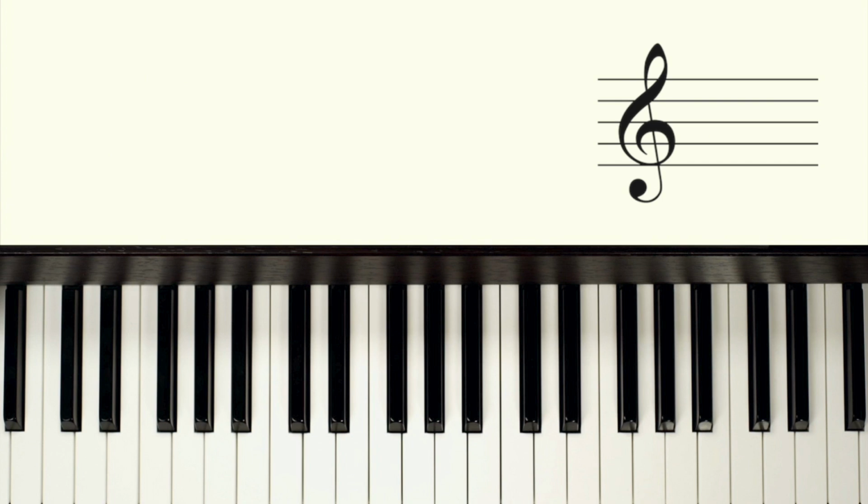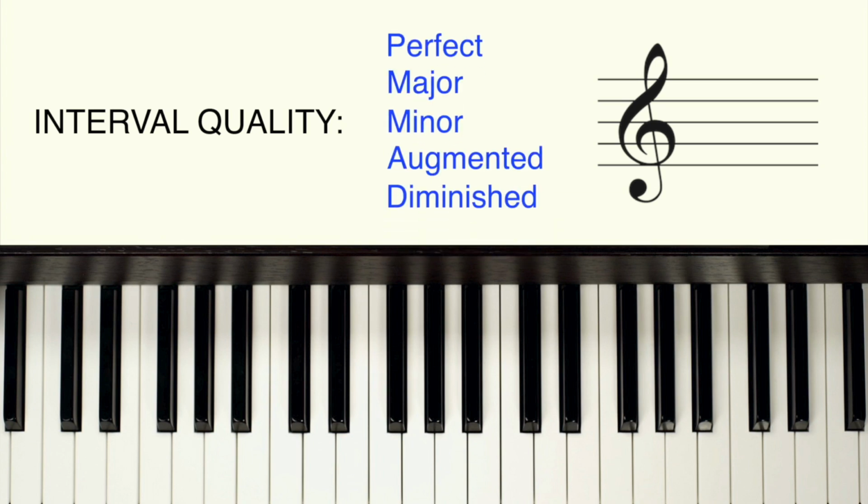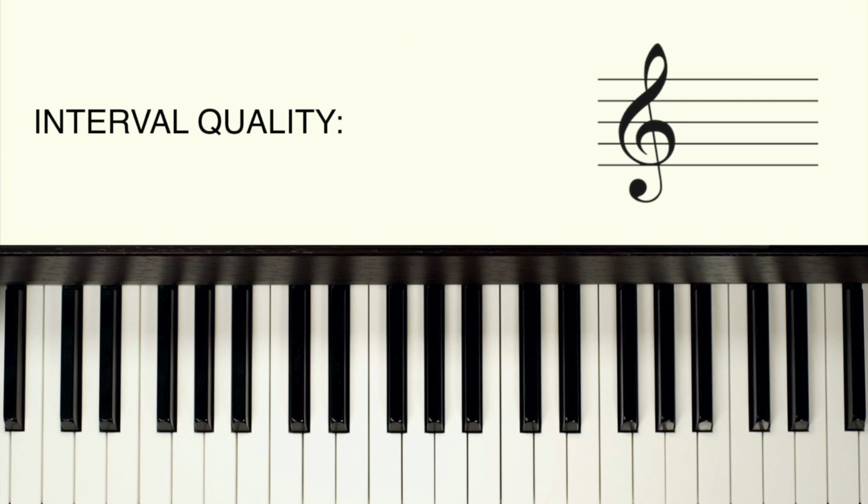In this lesson, we're going to go deeper and figure out interval quality. There are 5 different interval qualities: perfect, major, minor, augmented, and diminished. And we determine these based on how many half steps the interval contains. Just as an example, C up to E is a third, and it spans 4 half steps: 1, 2, 3, 4.